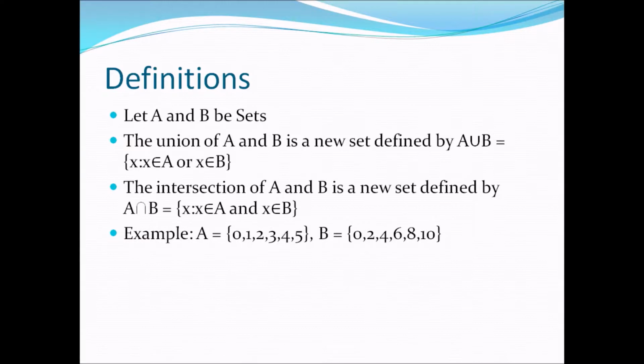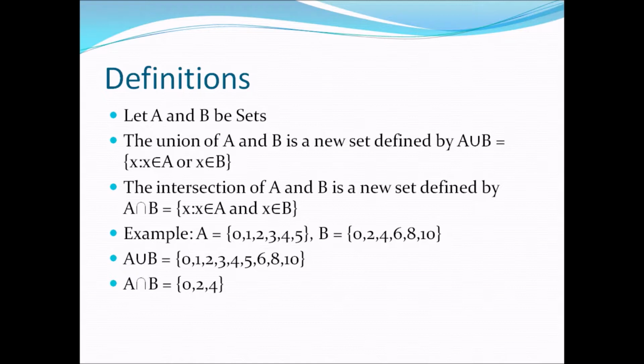So, for example, let A be the set from 0 to 5, and B be the set of even numbers from 0 to 10. The union of A and B is 0, 1, 2, 3, 4, 5, because those are in A, and 0, 2, and 4 are in B, and 6, 8, and 10, because 6, 8, and 10 appear in B. Notice even though 0, 2, and 4 appear both in A and B, they only appear once in A union B because repeated elements only count once in sets.